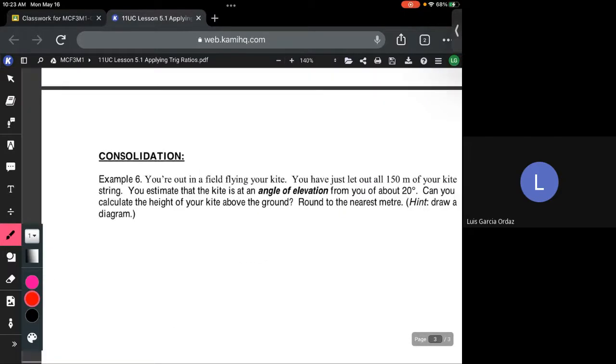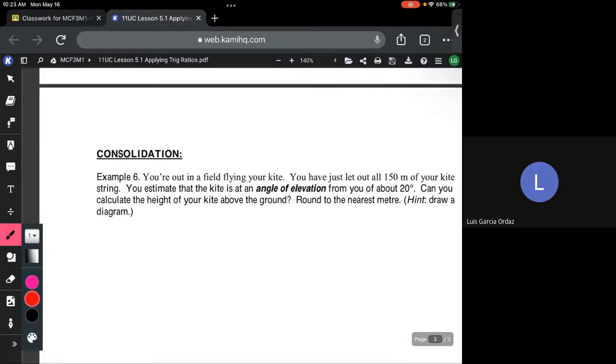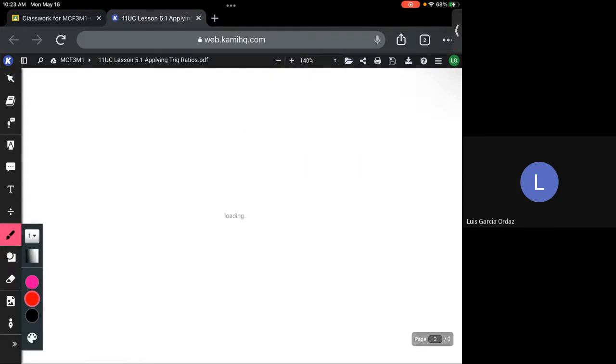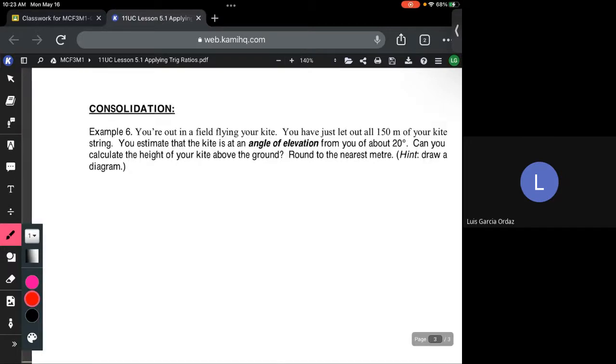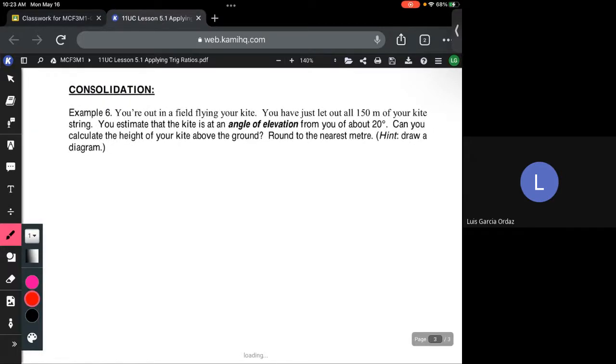So this is a word problem, so you're going to have to draw the diagram. Whenever you're given a word problem now, you have to draw the diagram of the actual triangle. You will be getting marks for drawing it properly. For example, you're on a field flying a kite. You have let out 150 meters of your kite string.